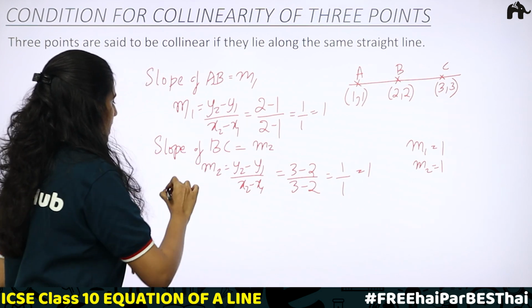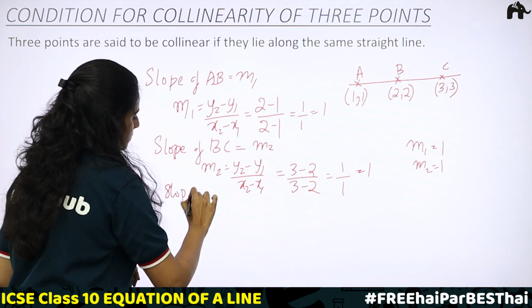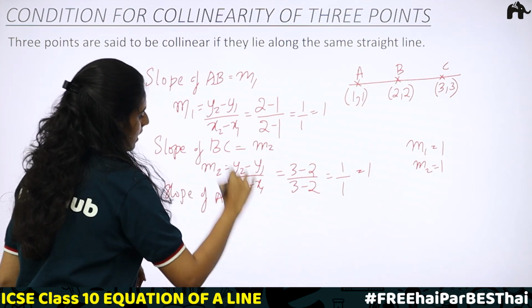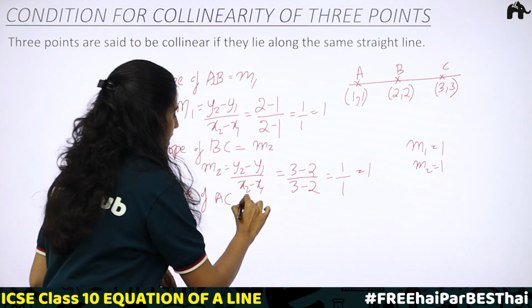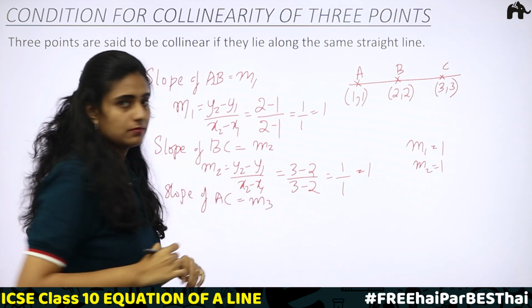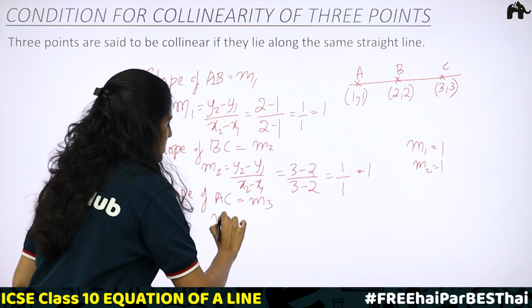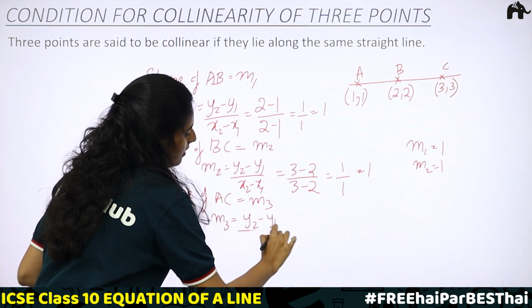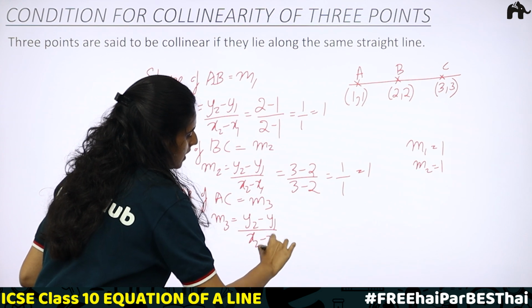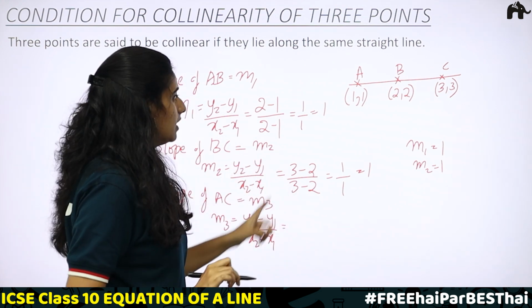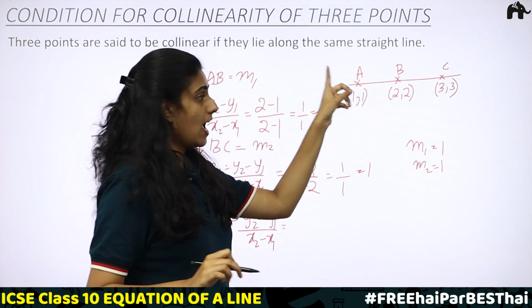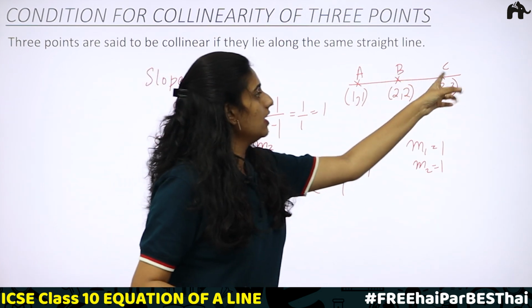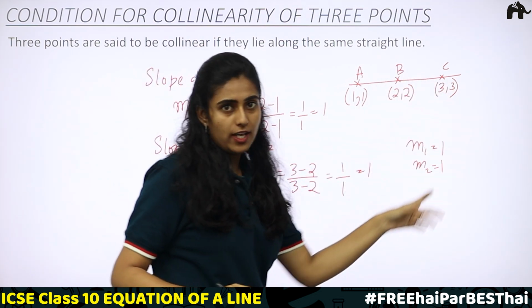Now, let us take the slope of AC. I am taking the slope of AC as some M3. What is M3? M3 will again be equal to y2 minus y1 divided by x2 minus x1. In this case, I am taking the coordinates of A as x1, y1 and the coordinates of C as x2, y2.